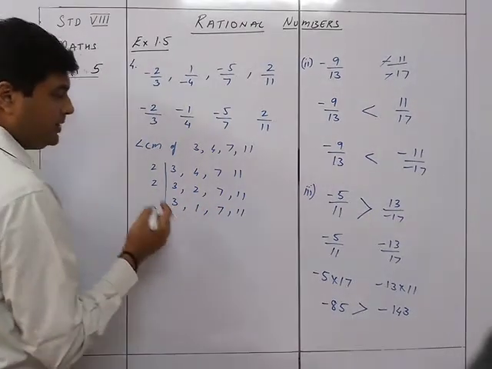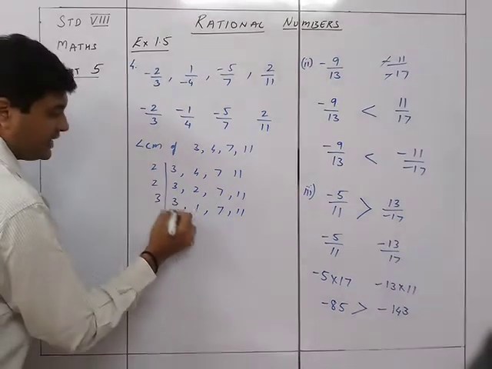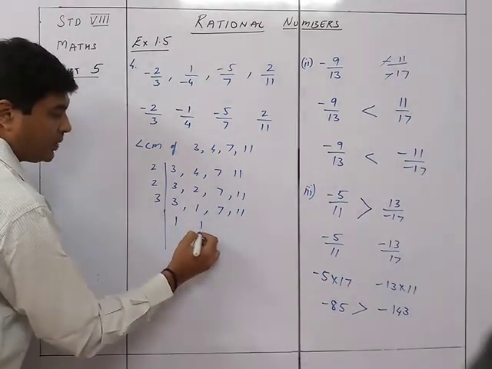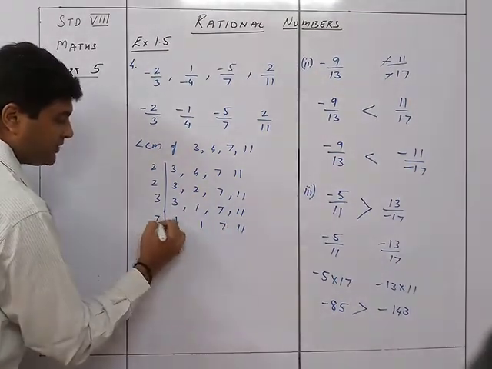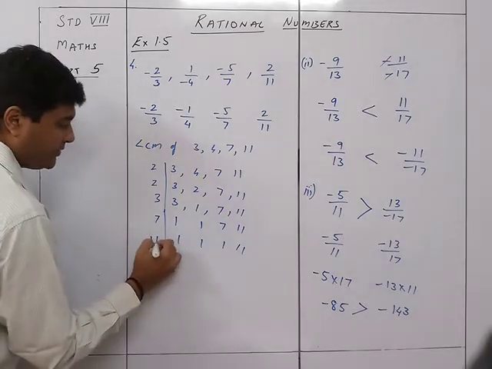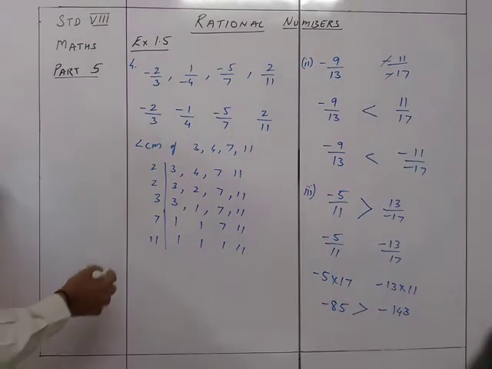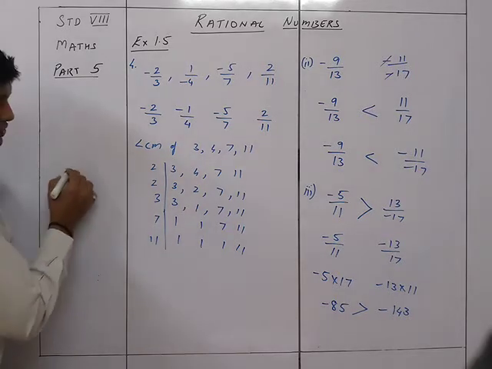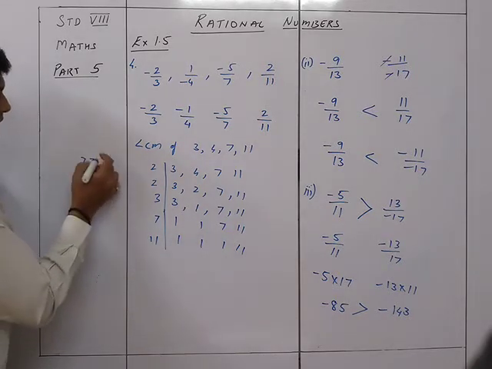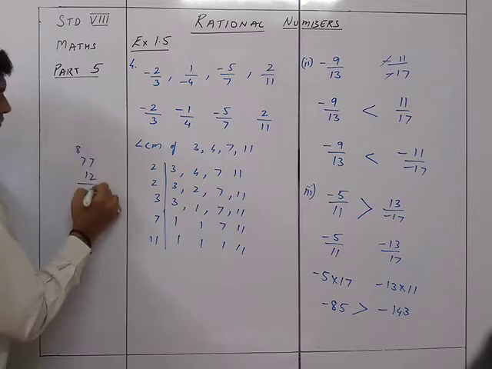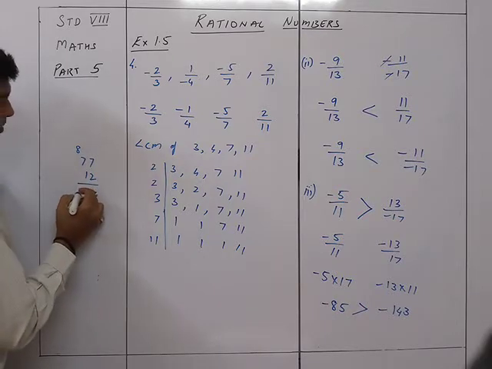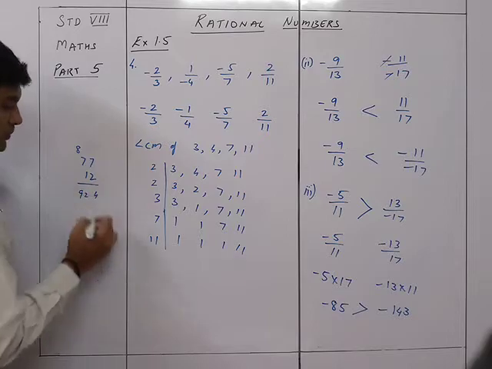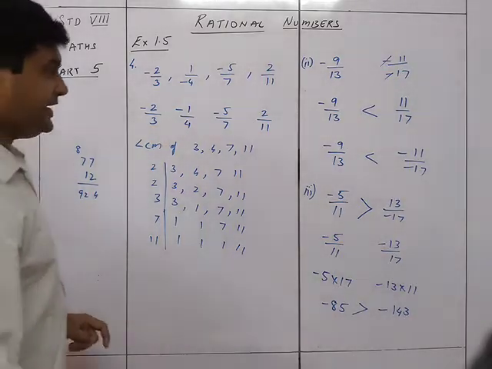Then 3, 7 and 11 remain, so you are just multiplying everything. So 77 into 12: 12 times 7 is 84, and 84 plus 8 is 92. So that is the LCM.